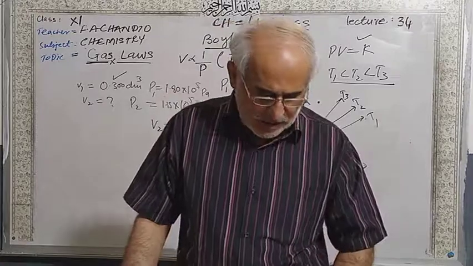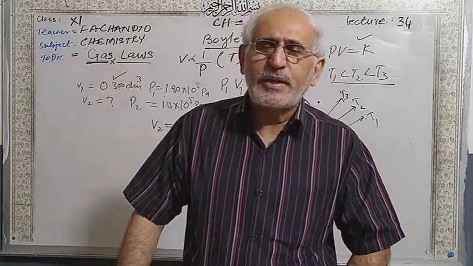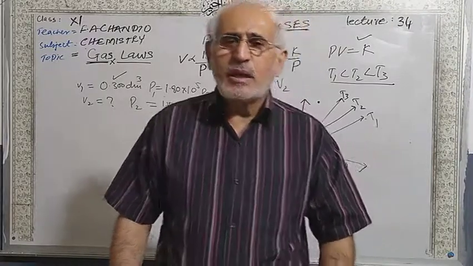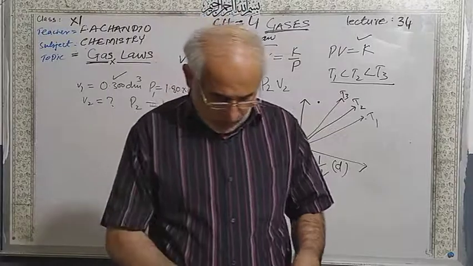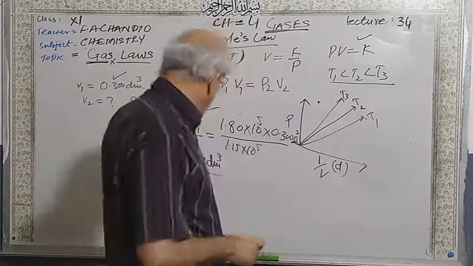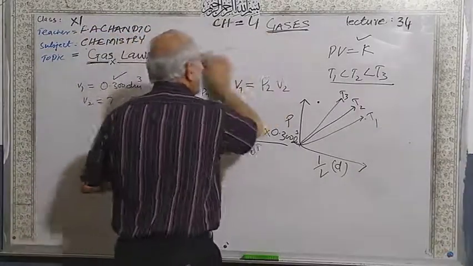As you see in the answer in your book, 375 volume now becomes 385. So as you decrease the pressure, the volume of the gas increases. This is called Boyle's law.